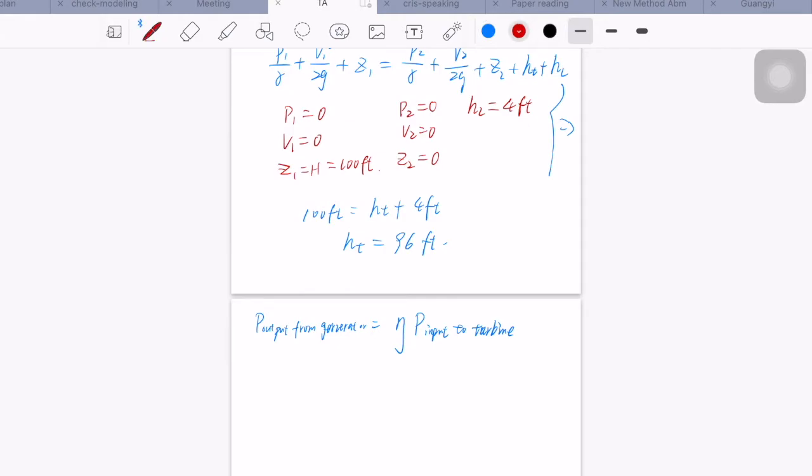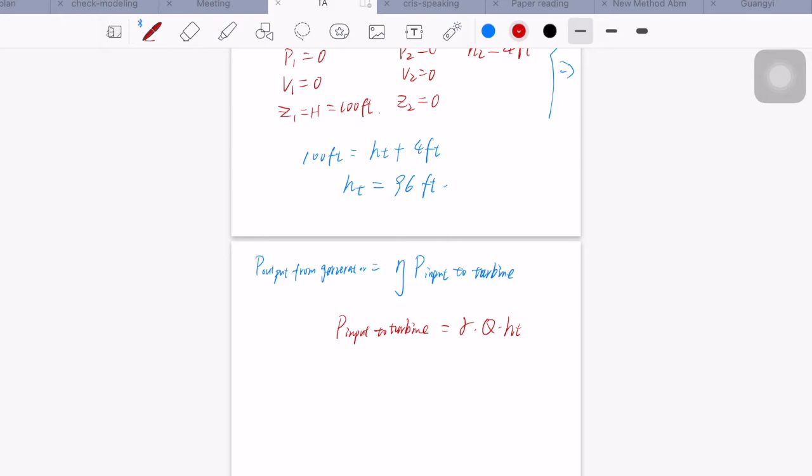And we know that the P input to turbine equals gamma times Q times HT.